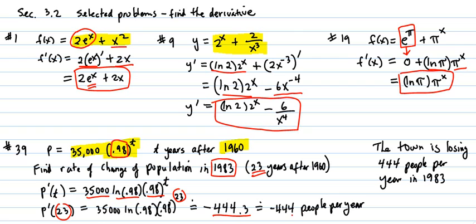So about negative 444 people per year. So the town is losing 444 people per year in the year 1983. So that matches up with what we thought, that it was a decay function, so that the derivative should be negative. And it was.